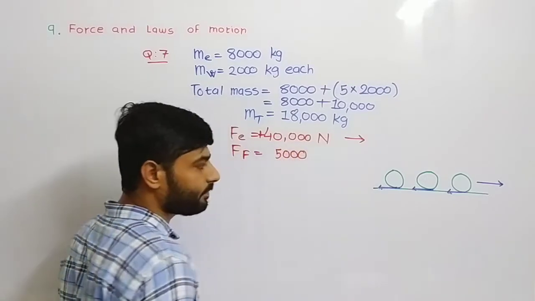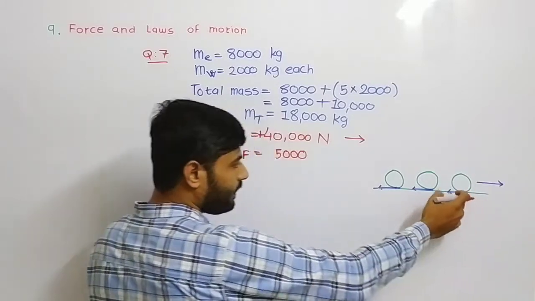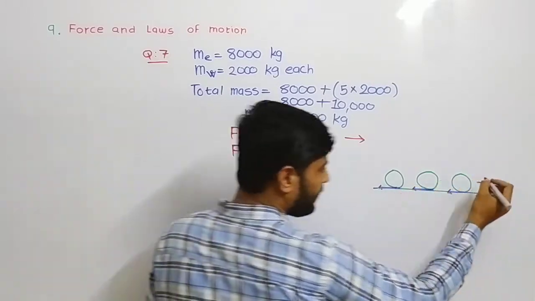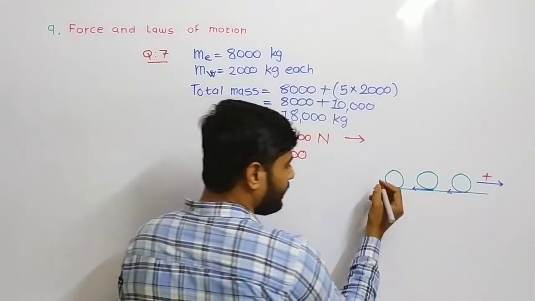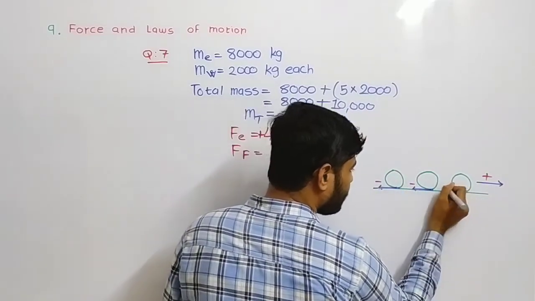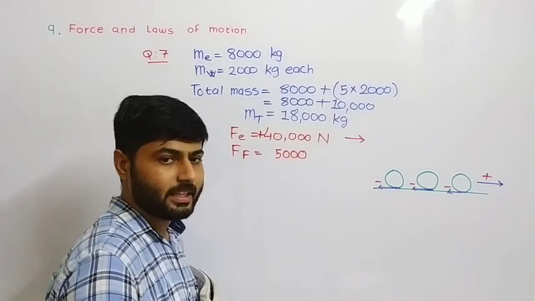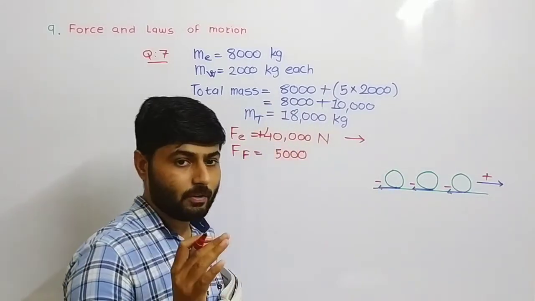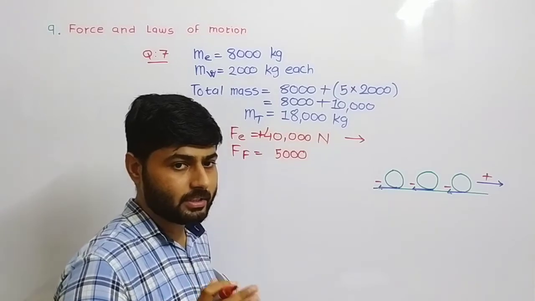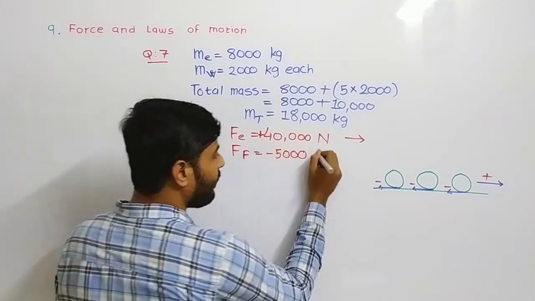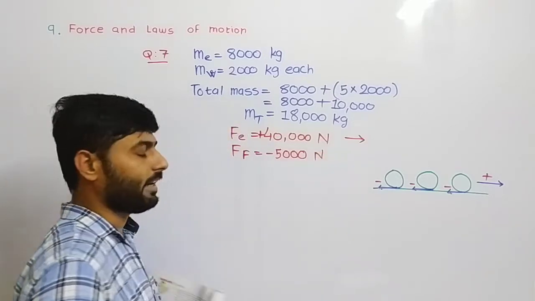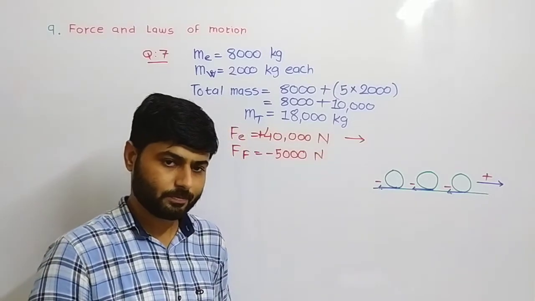See here, the accelerating force is in the right side direction, that is positive, but this frictional force is in the left side direction, and force is a vector quantity, so I have to consider direction. So I have minus 5,000 Newton as friction force.